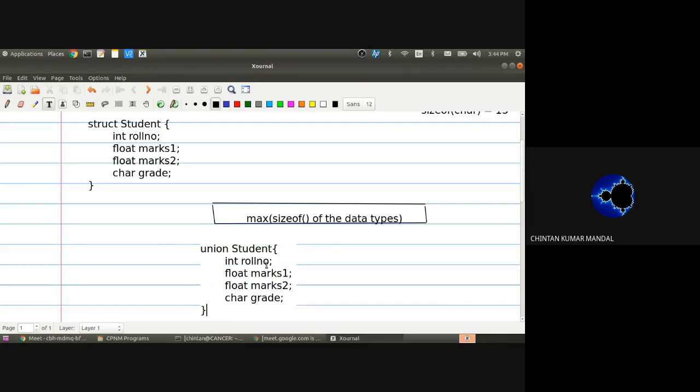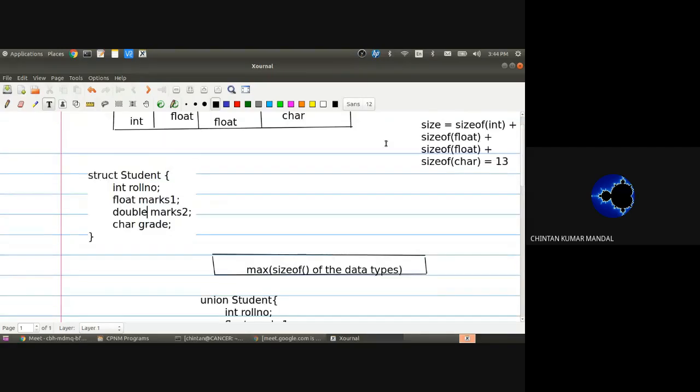Let's take for example, if I give a double over here, and this is also double. So what will it be? If I do a sizeof double, how much will this be? Sir, 17. Yes, 17. Okay.